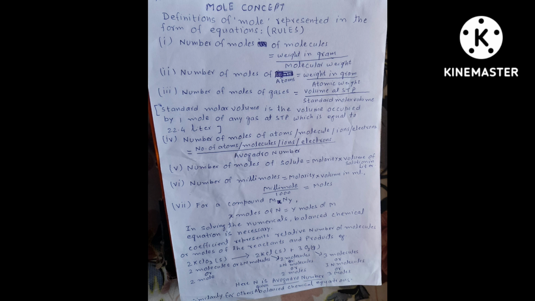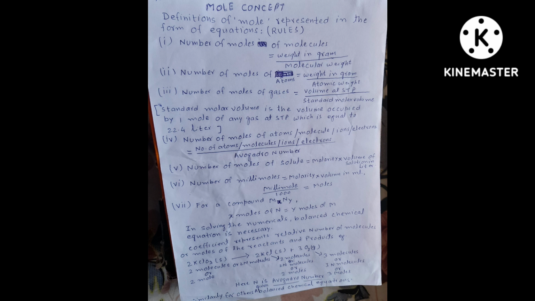After solving, it will come 11.18. Similarly for oxygen, 16 divided by 18 into 100, it will come 88.79. Okay, this I told as an example of the water molecule: in that water molecule, what is the percentage of hydrogen and oxygen.